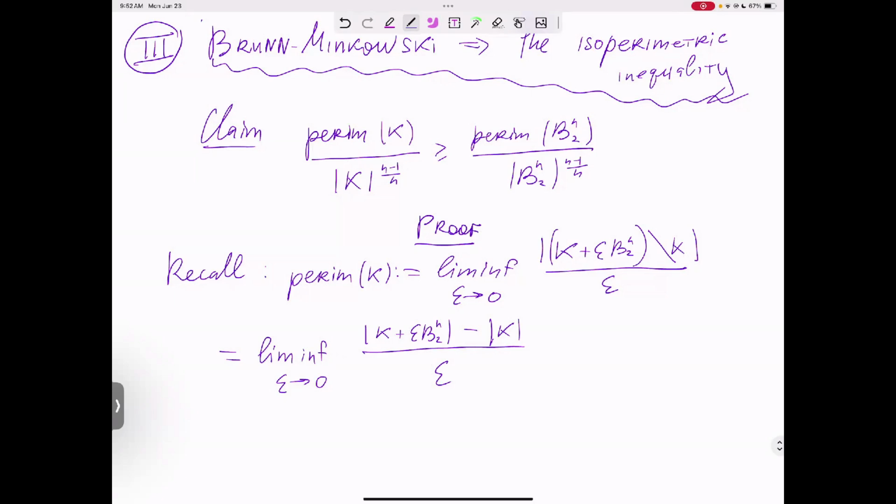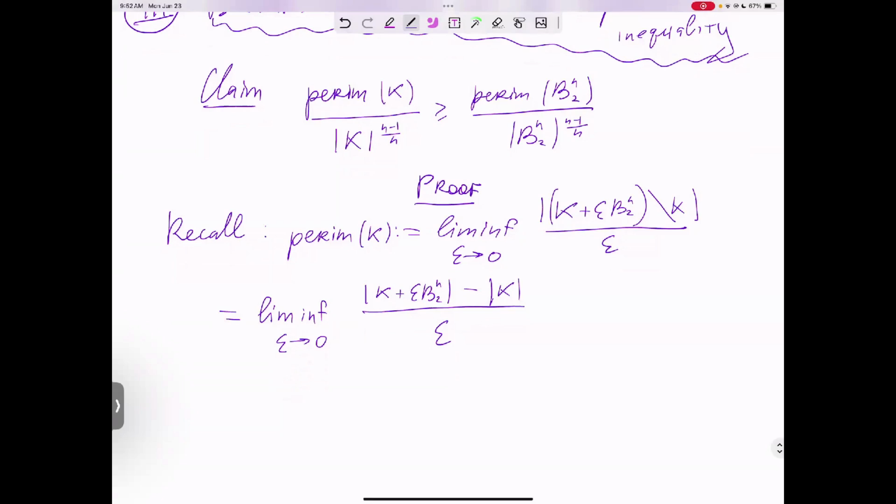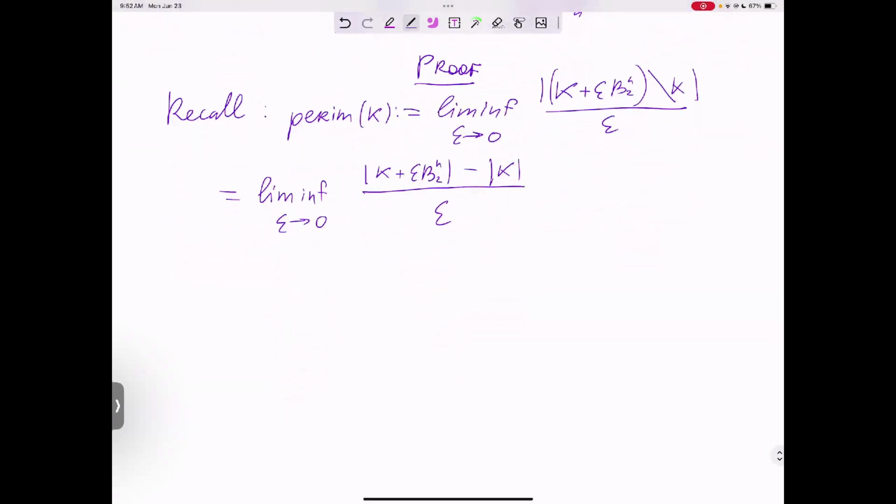What shall we use? Any suggestions? We use the Brunn-Minkowski for the volume of K plus epsilon times ball.